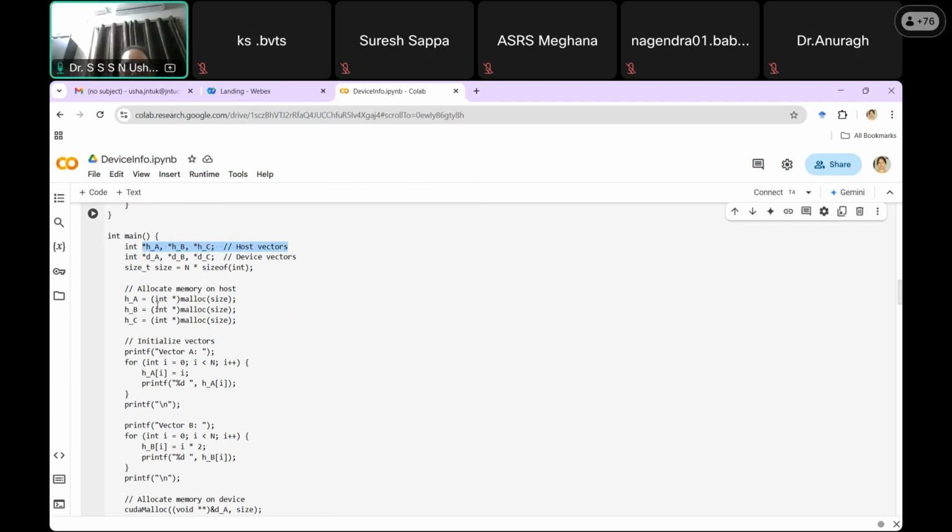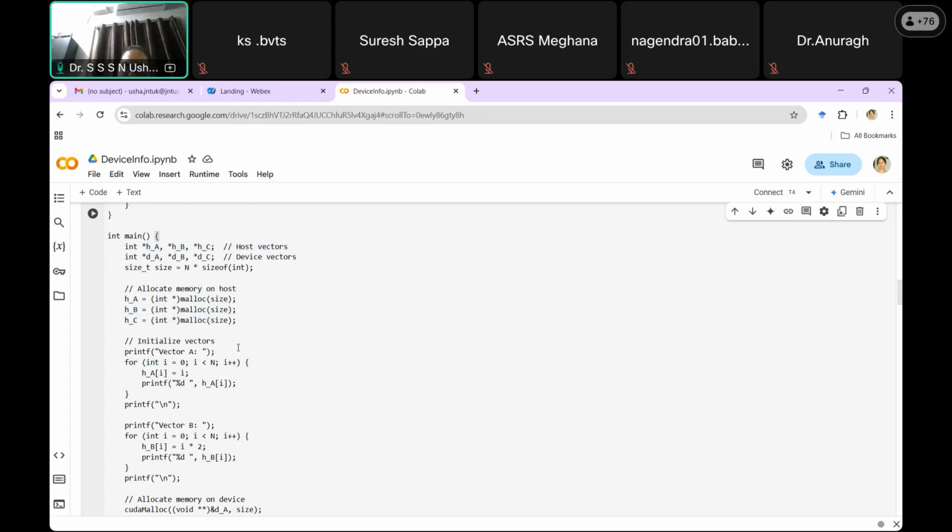So allocate memory, right? That's the first operation to be done. Allocate memory for pointers h_A, h_B, h_C. Here the star represents a pointer. So h_A is a pointer, allocating memory for the host vectors. So what is a vector here?